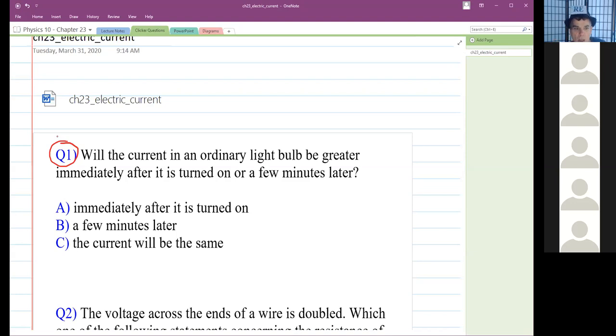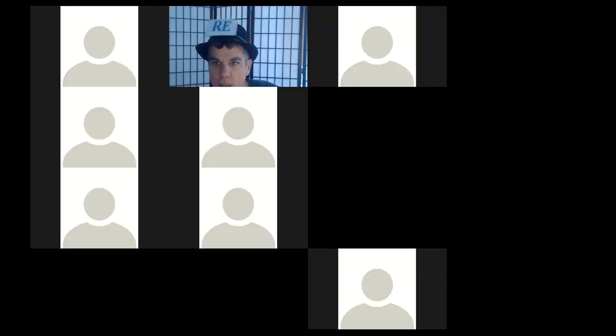Where do we vote? Actually, I was just going to say something. Let me get out of this for a second because I need to be able to see. I'll bring this back up. Gallery view, participants, expand. You guys have a button where you can see yes, no, and go faster.